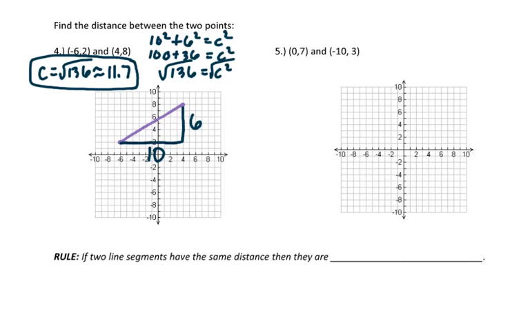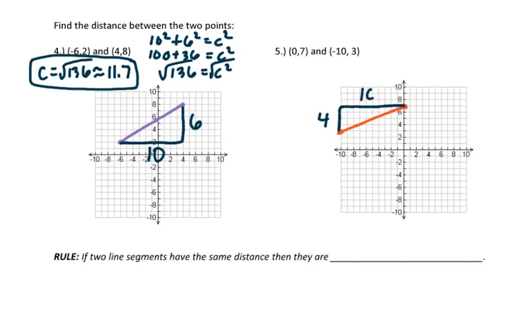All right, we're just going to keep rocking and rolling here. So the next one, we have a point at 0, 7, and a point at negative 10, 3. I'm going to connect those points. Let's draw our triangle above this time, just to keep things interesting. All right, so going up and down, we have a point at 3 and at 7. So that's a vertical change of 4. And then side to side, we have something at negative 10 and something at 0.